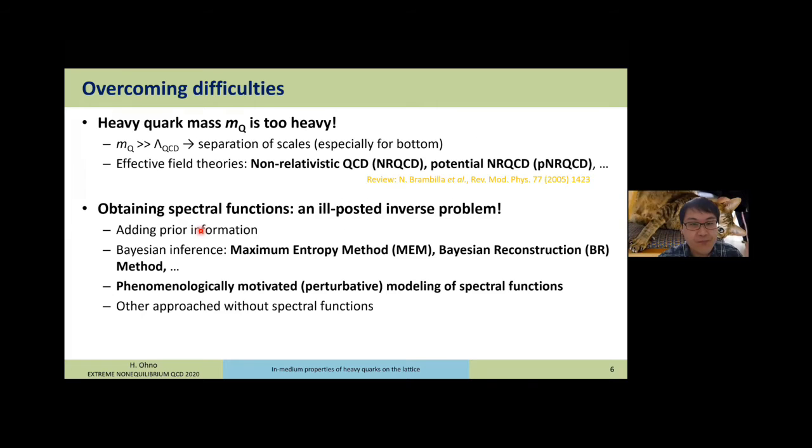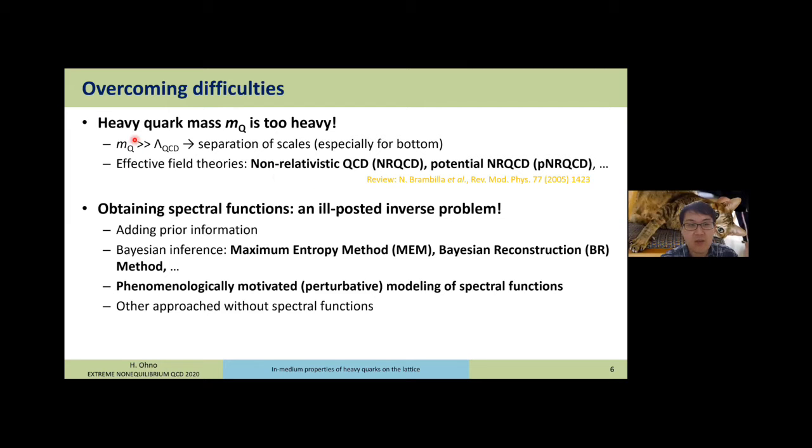But there are some techniques to overcome these difficulties. To overcome the problem that the heavy quark mass is too heavy, one can introduce some effective field theory, for example non-relativistic QCD, or NRQCD in short, and also potential NRQCD, or pNRQCD.